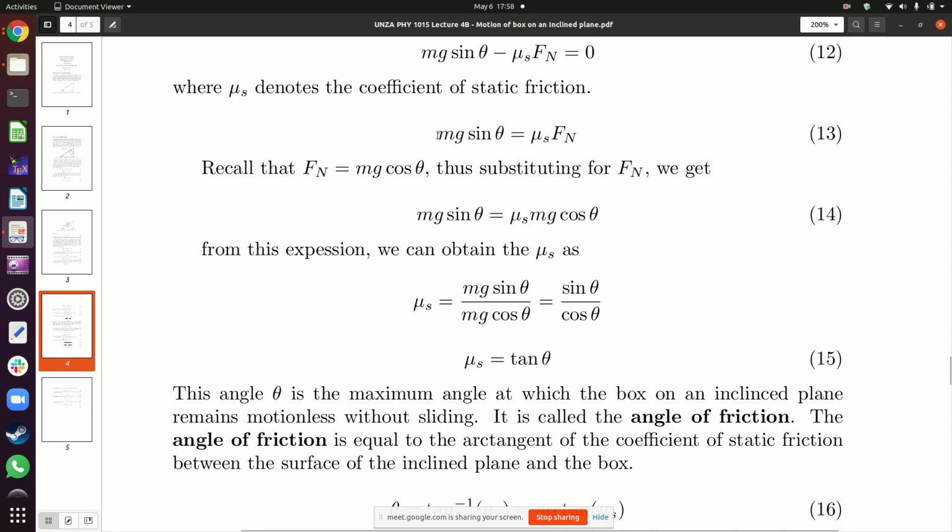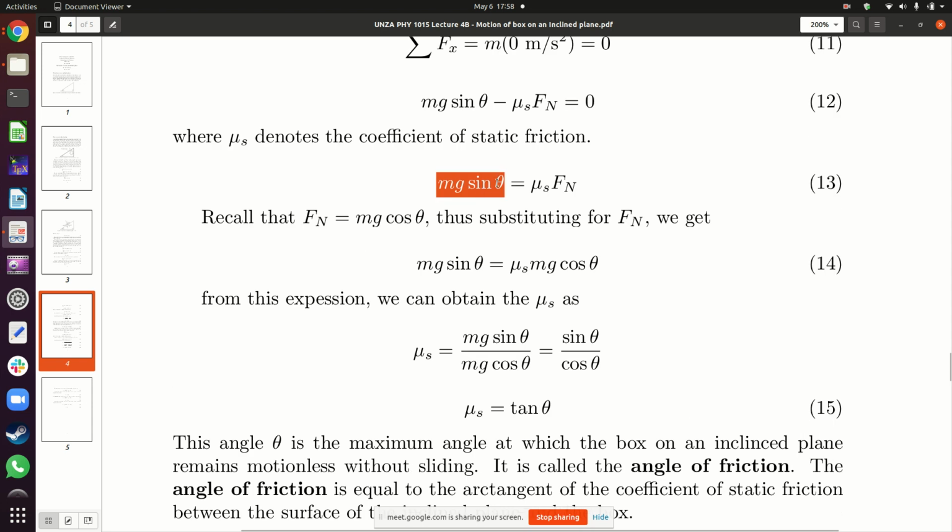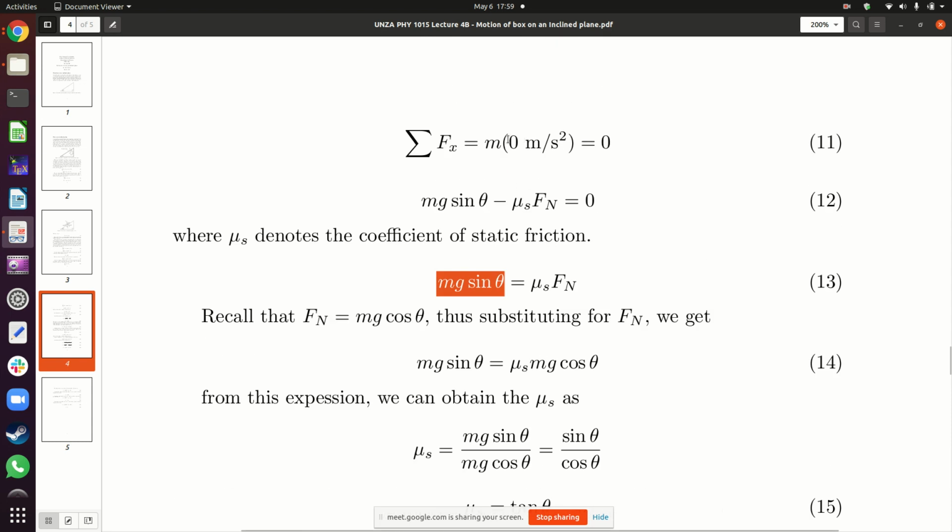It's this. Because your object is not moving, there is zero acceleration. This is Newton's second law of motion. You multiply the mass of the object times the acceleration, and you get zero.